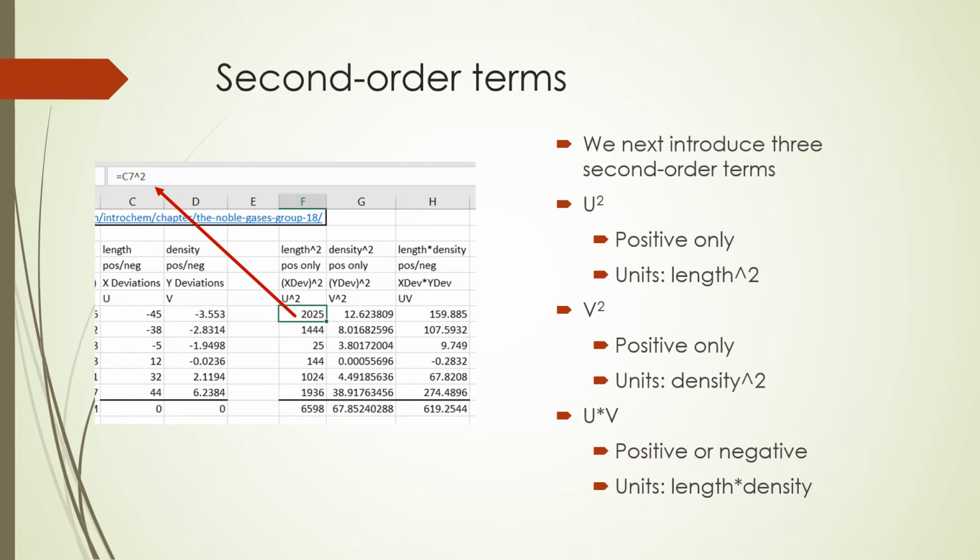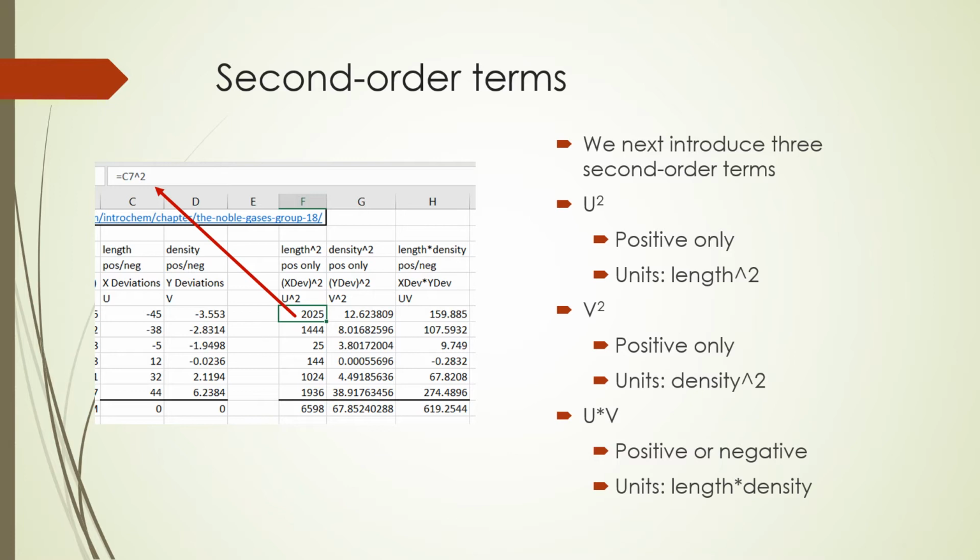So to get away from these zeros, we're going to look at the second order terms: the square of the u deviations, the square of the v deviations, and the product of the u and v deviations. We want to consider their units and their signs.